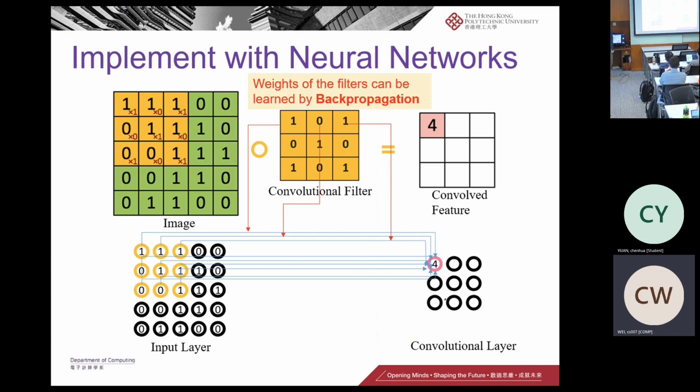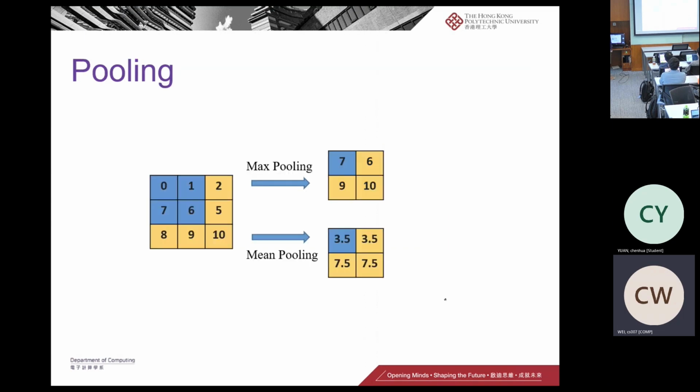Okay. So another thing is, I've already introduced that the weights can be updated by backpropagation, meaning the neural network figures it out by itself. Actually, instead of using weights learned by training, we can use some kind of fixed filtering.